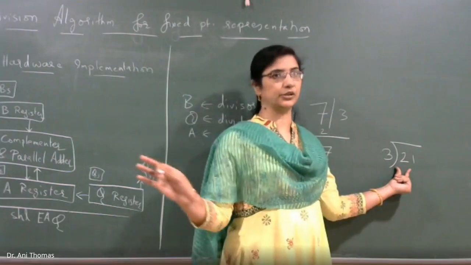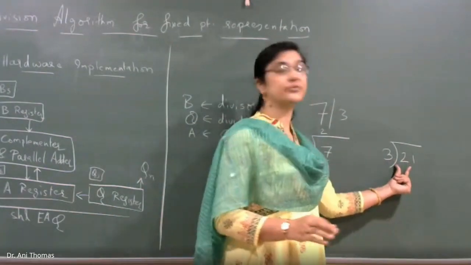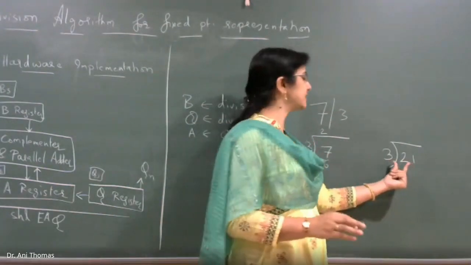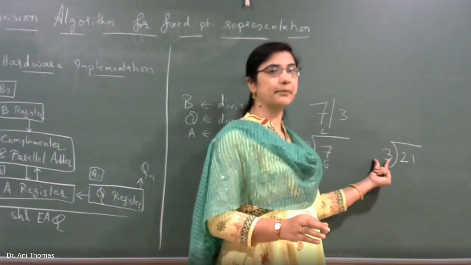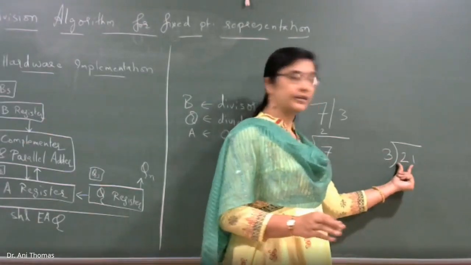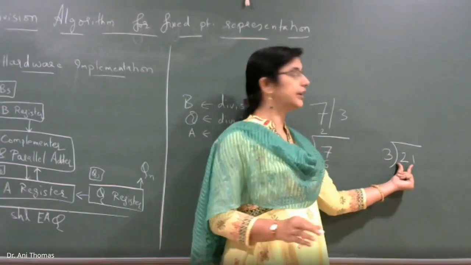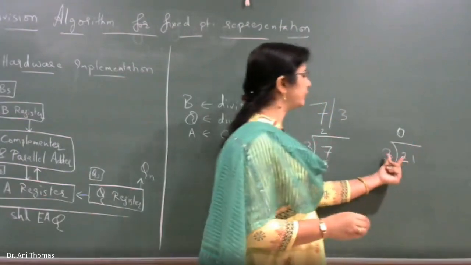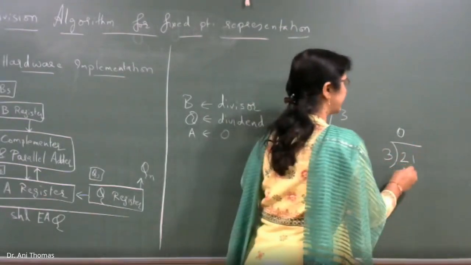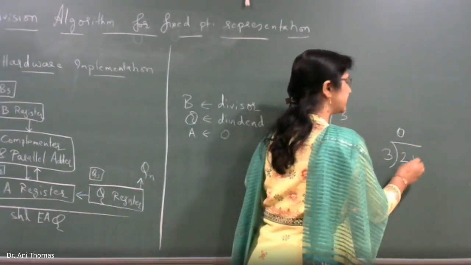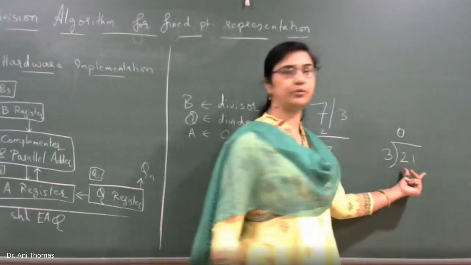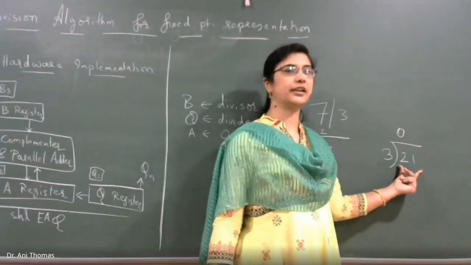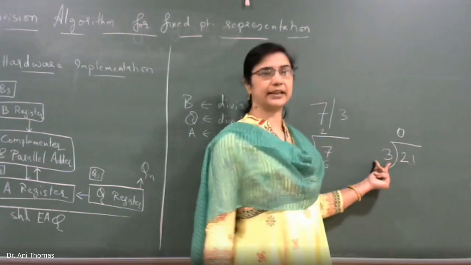Our concept says that if this number is greater than this number, then we will insert a 0 for the quotient. Otherwise we take 2 and 1, that is 21, and check if 21 is greater than 3.